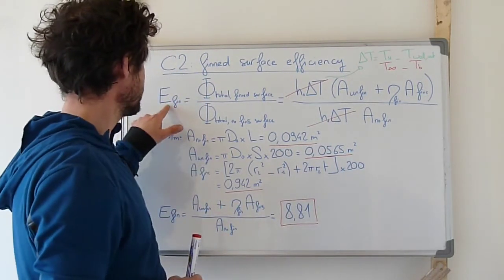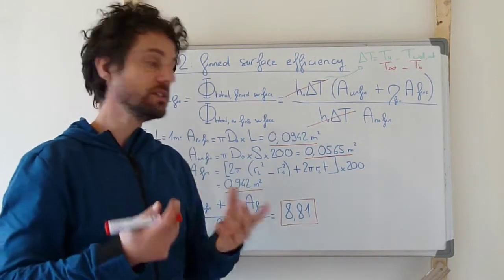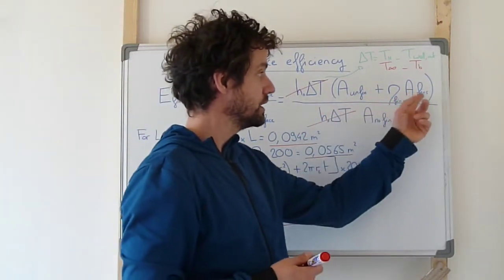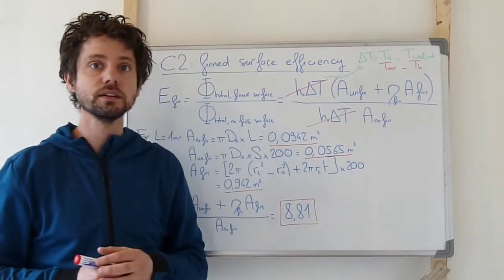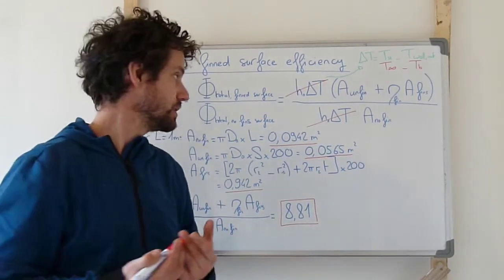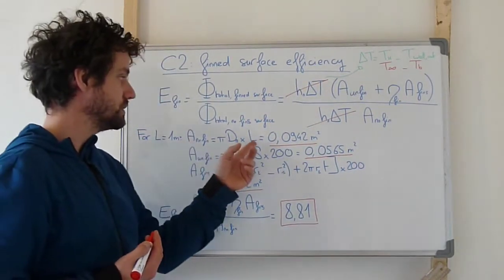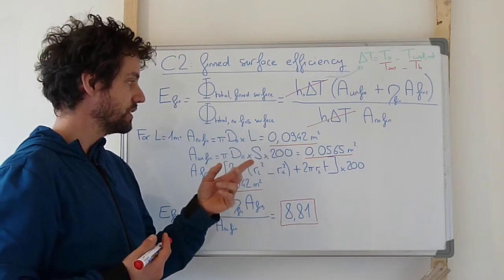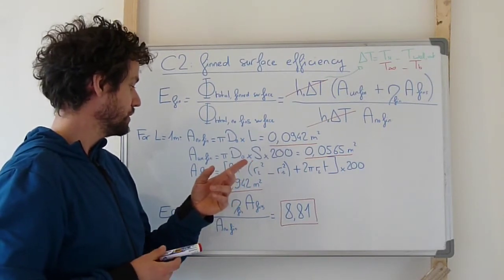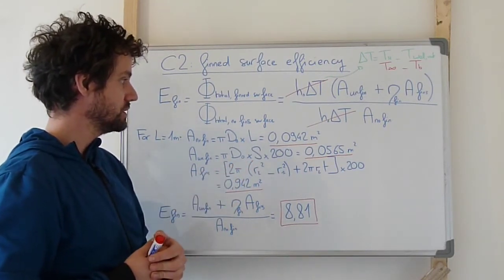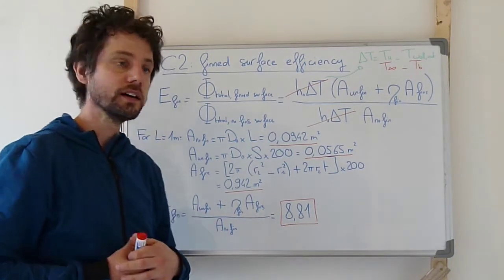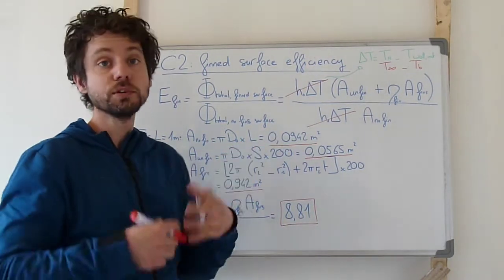So in order to calculate the efficiency of the fin surface, we need to calculate now these three surfaces. To express the surfaces, the length of the fins appears, and we don't know the length because we will design it.